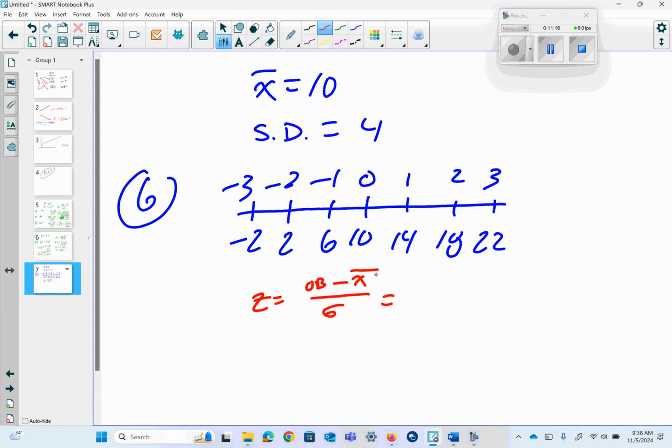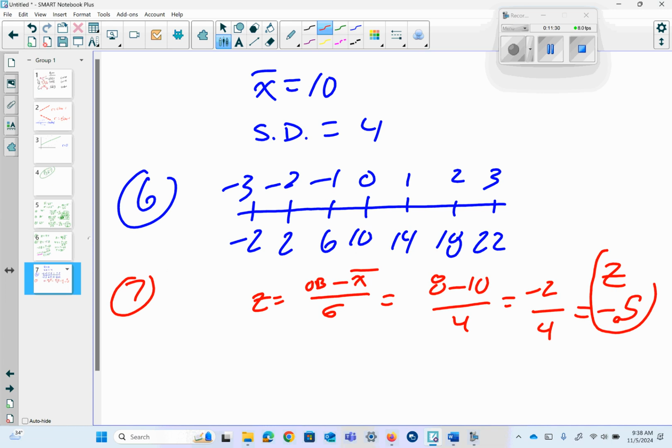So for number 7, they said 8%. So I have 8 minus 10 over 4, which is -2 over 4, which is -0.5 is the z-score. Okay. That's pretty simple algebra, I think, but I am the teacher, so.